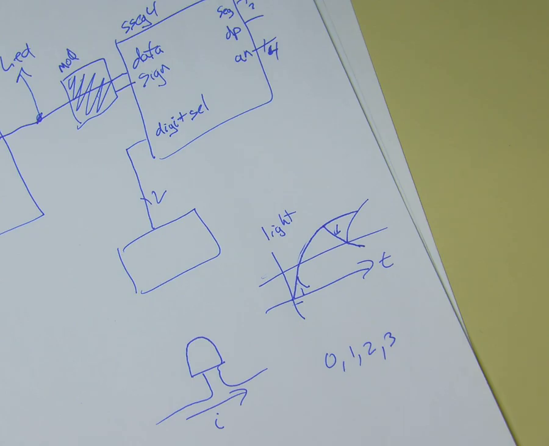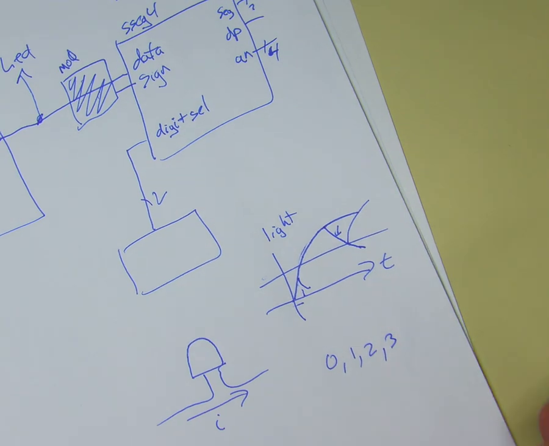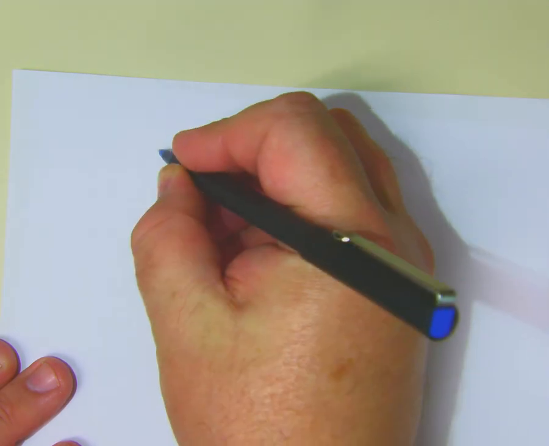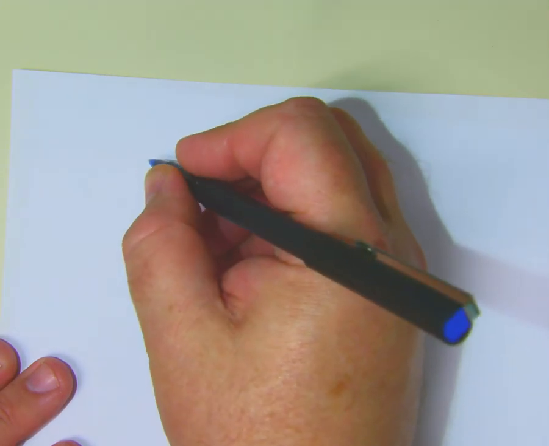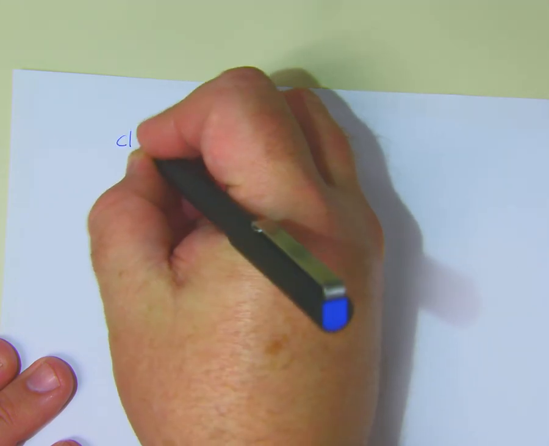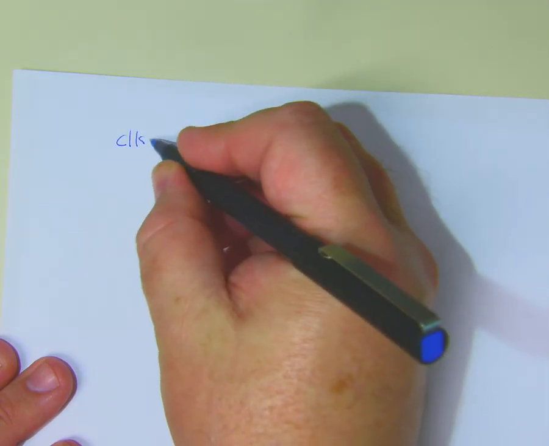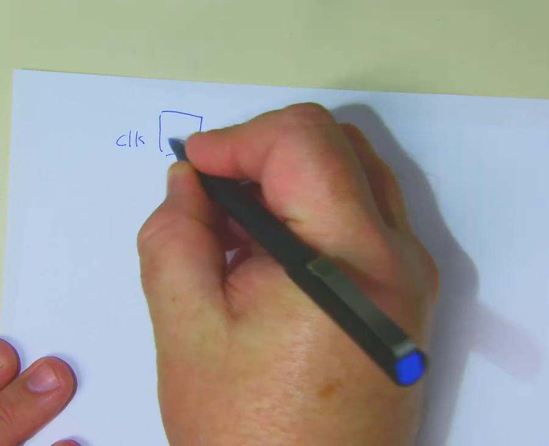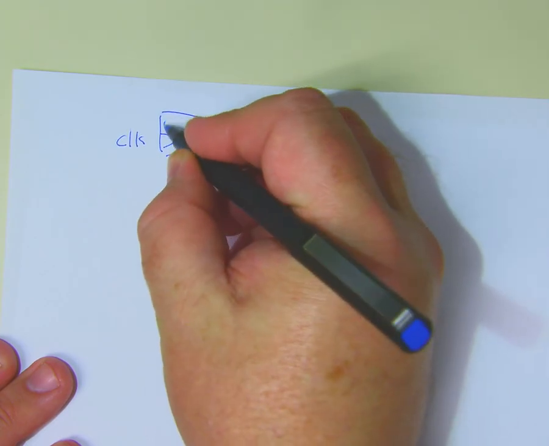Okay, so let me talk about what we want to do with this counter that has 2 bits coming out. So I got to orient myself so the paper looks good. Okay, let's consider if I had a 3-bit counter. Well, actually, even let me just consider a clock coming in. And if I've got a clock coming into a D flip-flop.